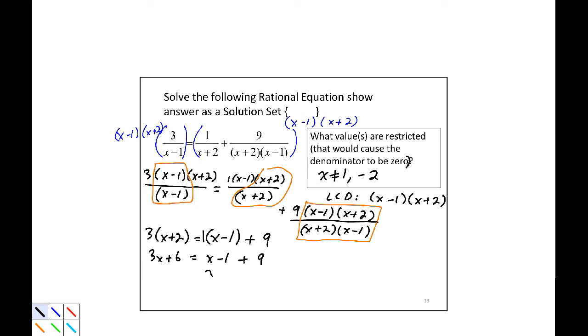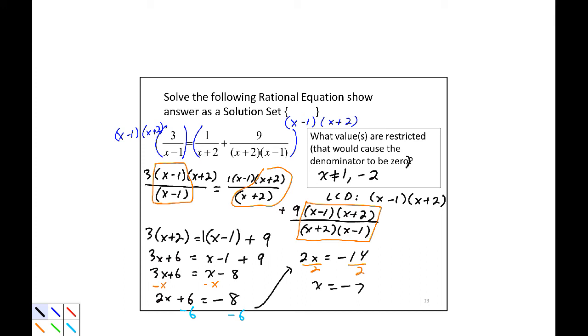Combining like terms, we have x plus 8. Now we can subtract x to get 2x plus 6 equals 8. We can subtract 6 to be minus 14, so I'm going to bring that over here. 2x equals minus 14, and then last, dividing by 2, we see that x equals negative 7.